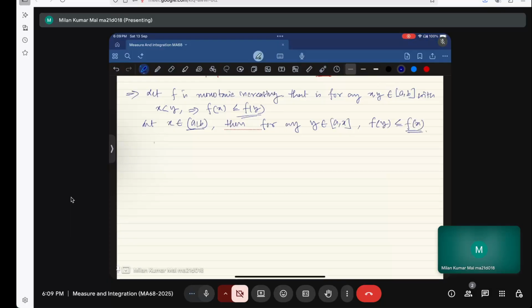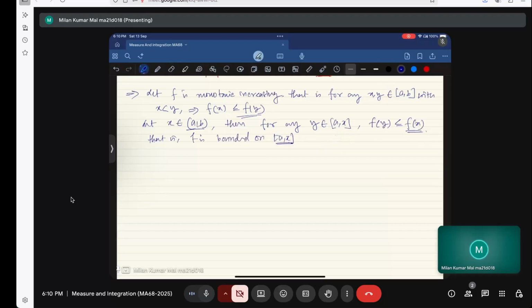So let's take the supremum of f, since f is bounded on [a, x]. In fact, f is bounded on the full interval [a, b], bounded by the value f(b).